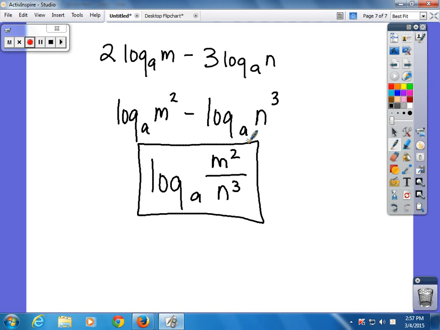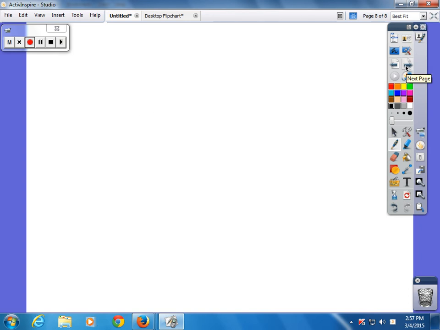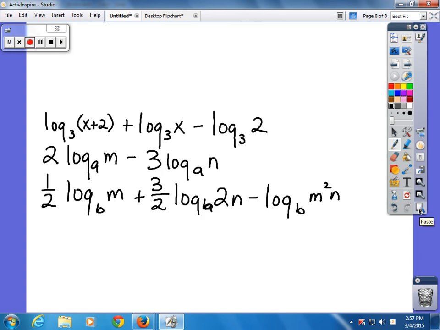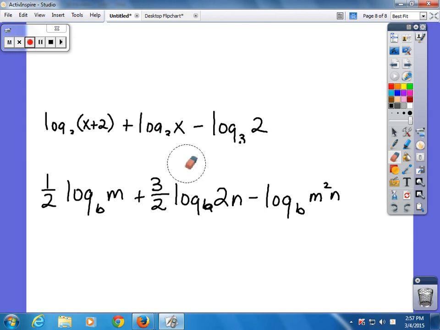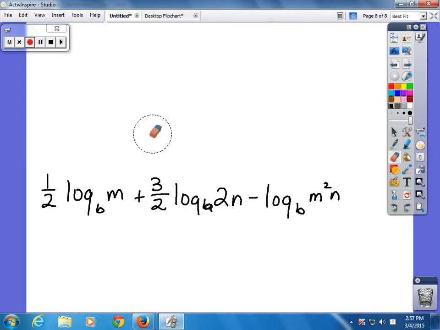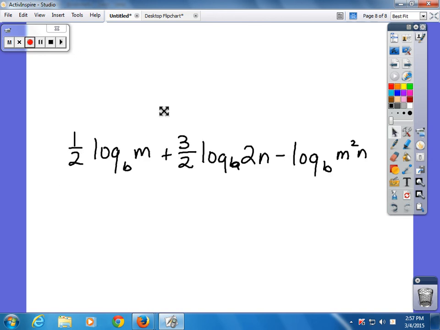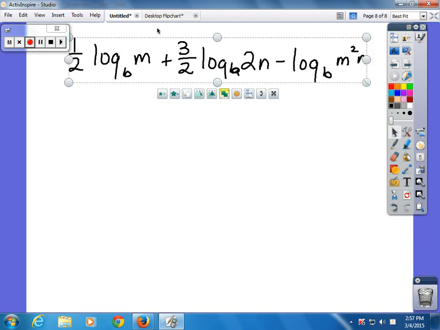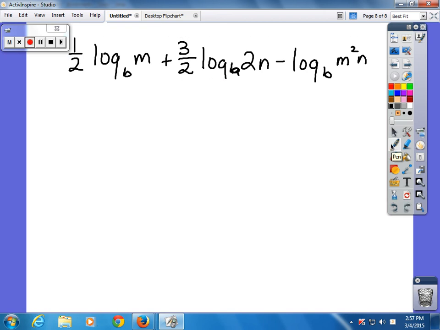And then the last one. Well, you know the coefficients are in the way because you don't have the same base.